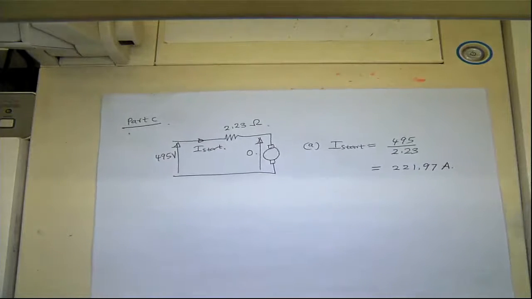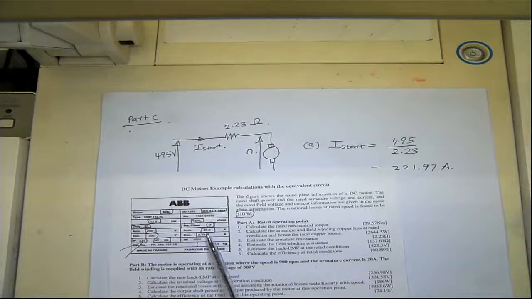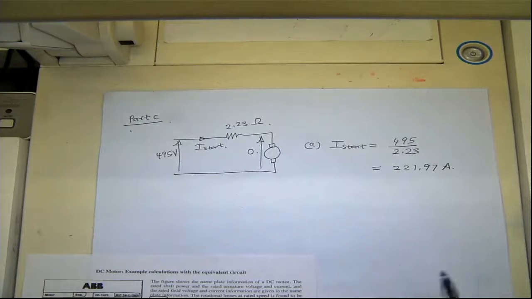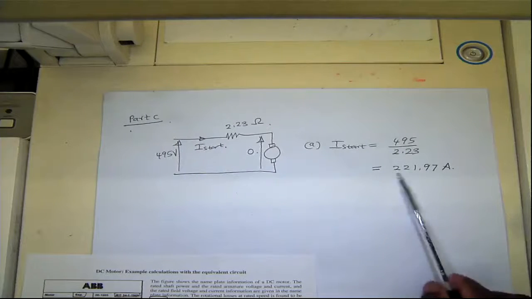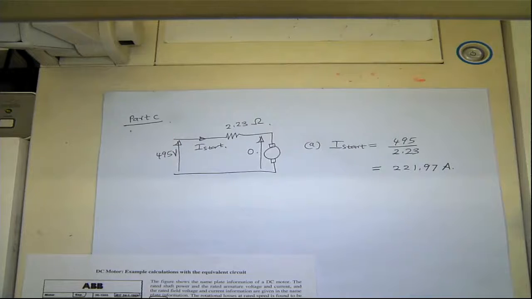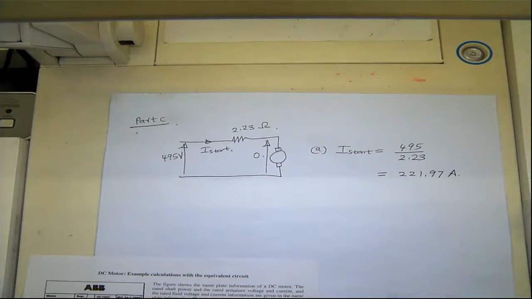If you compare it with the rated current, which is just 29.9, applying the full voltage at 0 speed gives nearly 7 or 8 times the rated value. That might burn out the motor, or it might damage the supply, or it might trip.